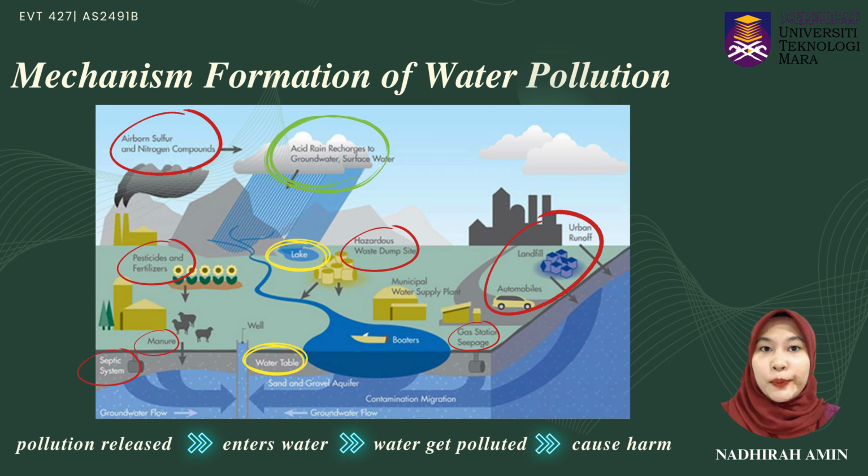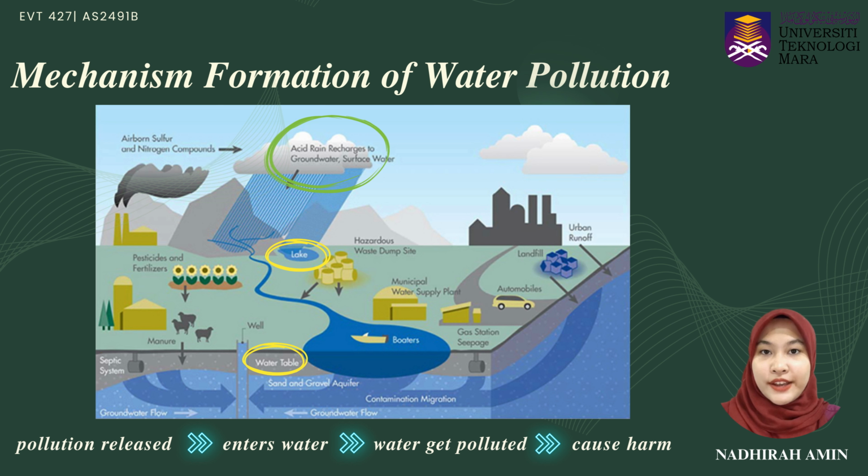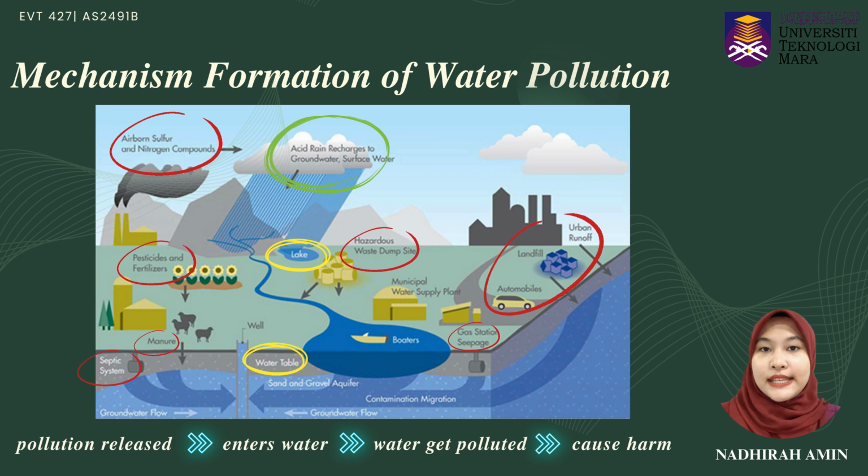Now, how does water pollution form? Based on the diagram, first, in the red skull, pollution is released. These include airborne chemicals from factories, pesticides and manure from farms, waste from landfills, and leaks from septic systems, gas stations, and automobiles. Next, in the green skull, pollutants enter the water. Acid rain falls into lakes and soil.